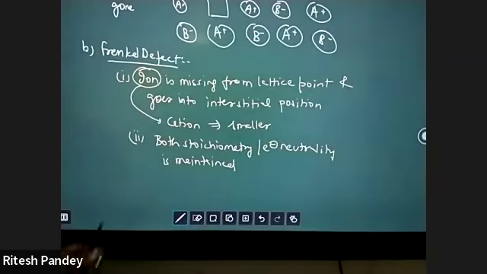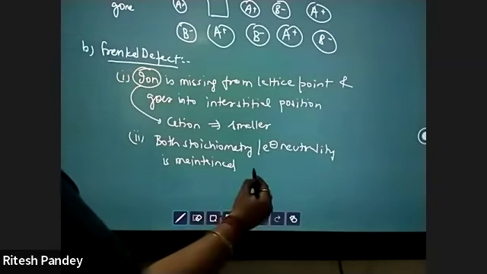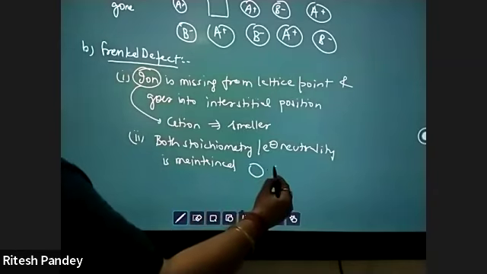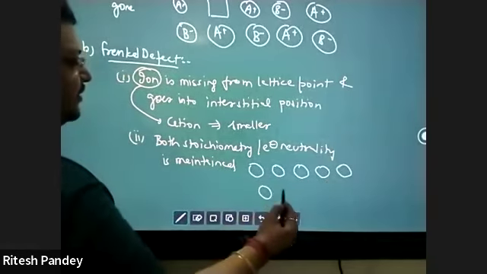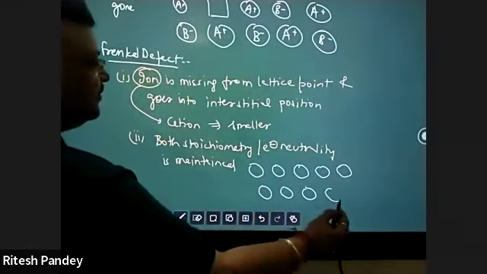But again, if I have to compare it with a Schottky defect, this time, A plus B minus, A plus B minus, A plus B minus.